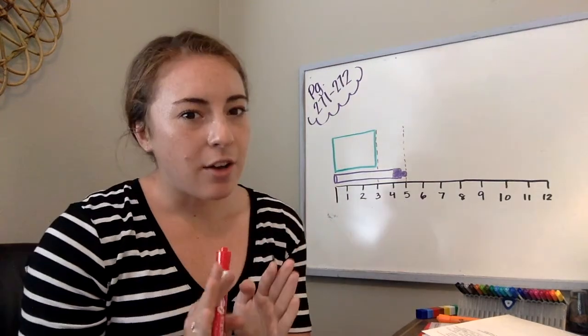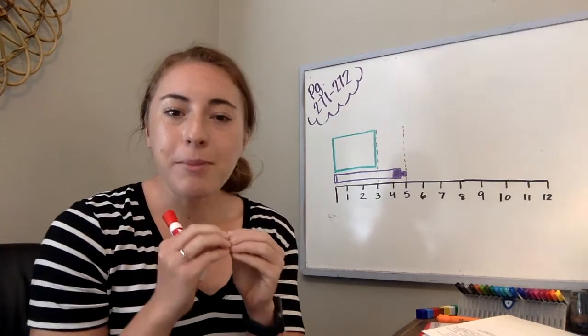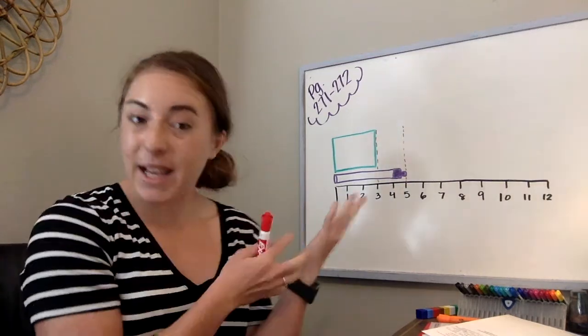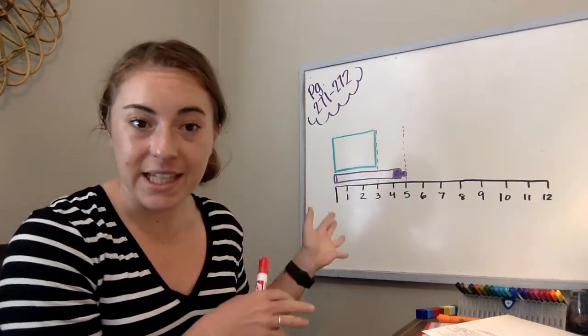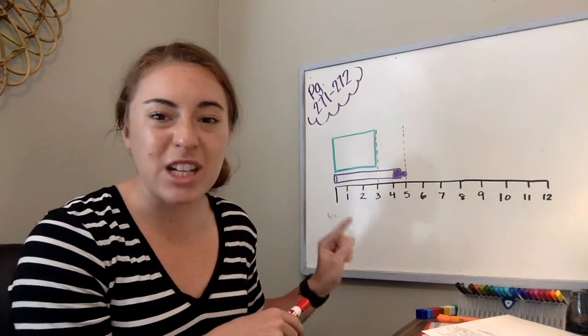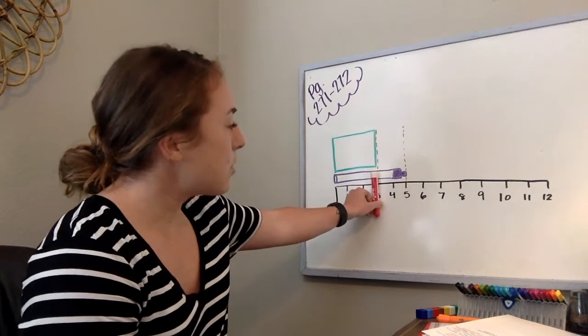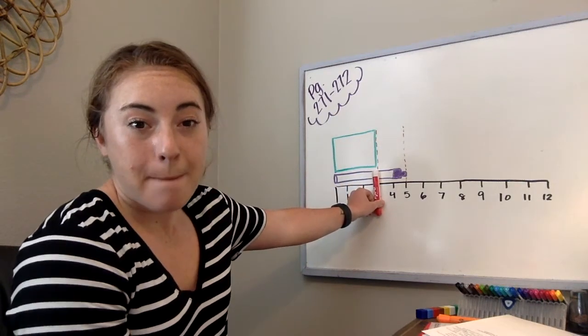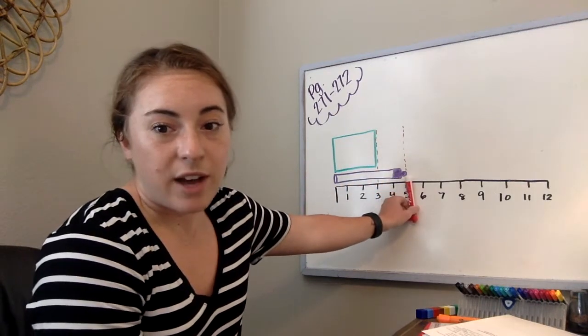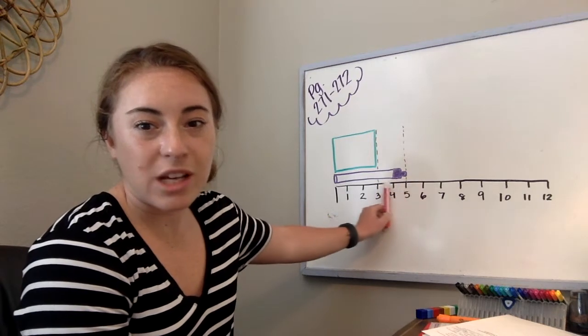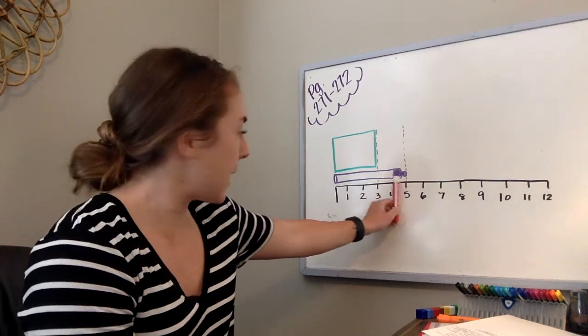But I have a tough question for you. By how many inches longer is my expo marker than my sticky notes? How many more inches? If my sticky notes only go to 3, but my expo marker goes to 5, how many more inches farther is my expo marker?